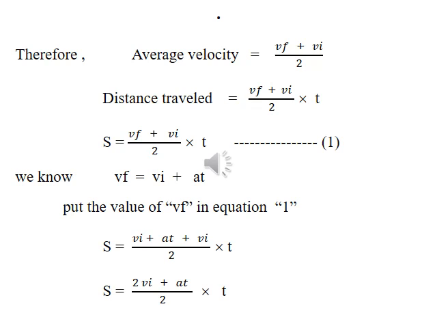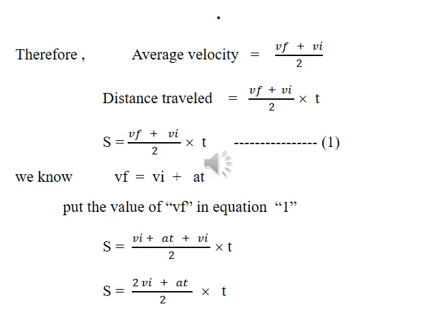And we know that Vf equal to Vi plus At, which we derived in the first equation. So from the first equation, we have to put the value of Vf in this equation.